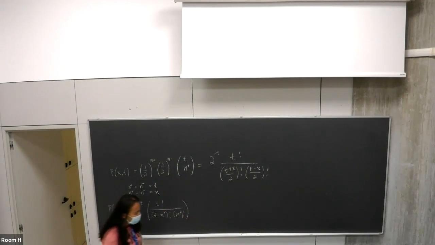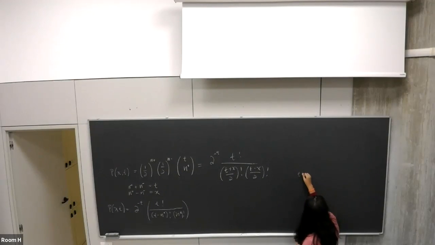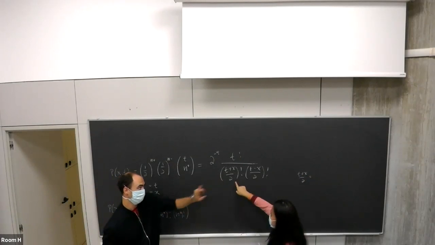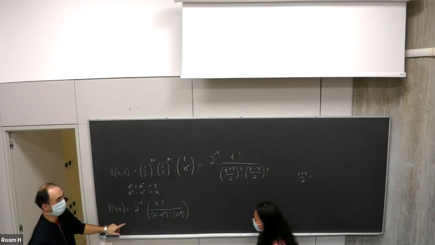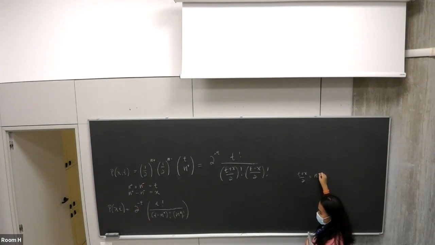So what I did is to start from here. You are at this point, so you should reach here. Because if you observe, t plus x over 2 is actually n plus.